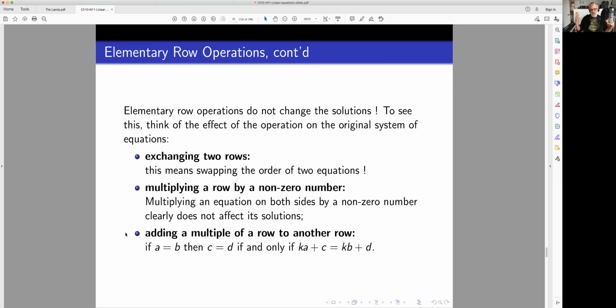In theory, starting from any augmented matrix, we can play these moves as many times as we wish, in any order we wish, and the resulting matrix will be the augmented matrix of a system that has exactly the same solutions.